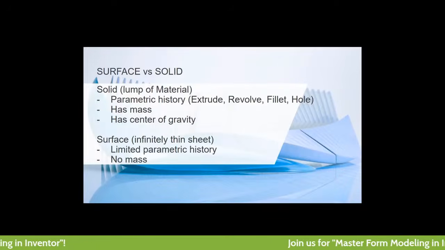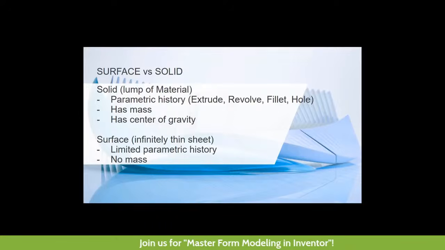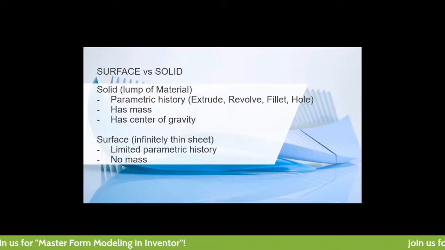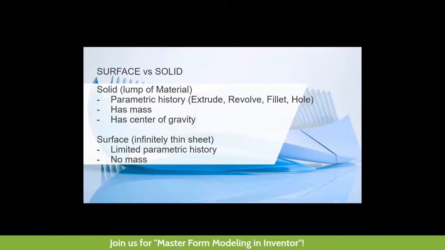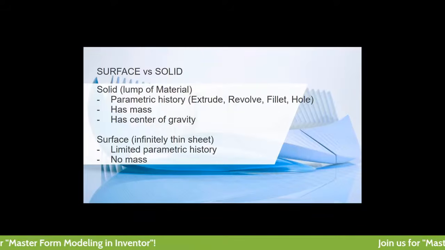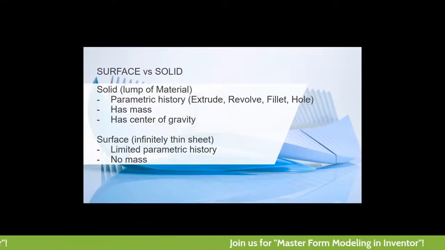So in this section, we are going to talk about the difference between a solid and a surface. A solid is considered to be a lump of material, and it has parametric design and parametric history associated with it. You've got extrusions, revolutions, fillets, holes, and things like that to build a solid model.